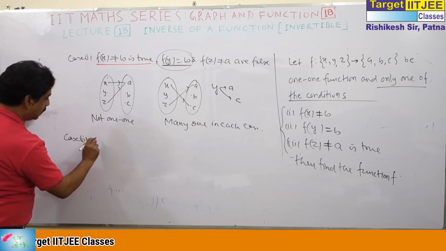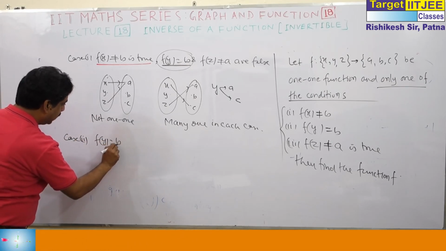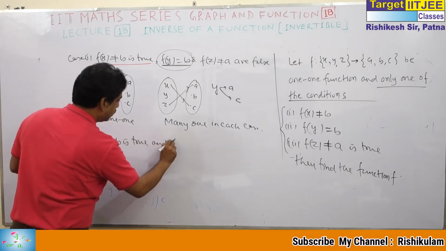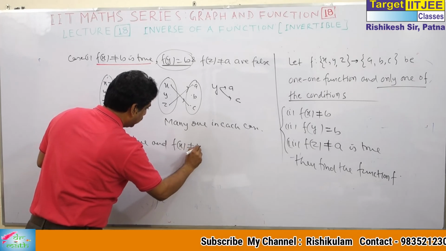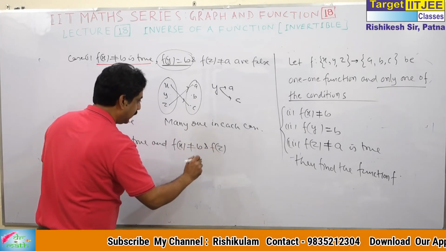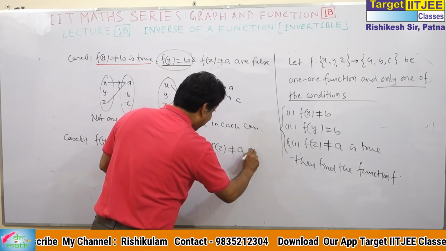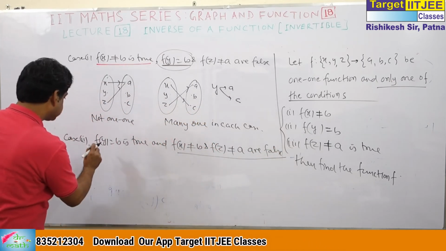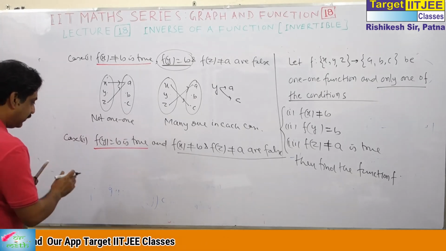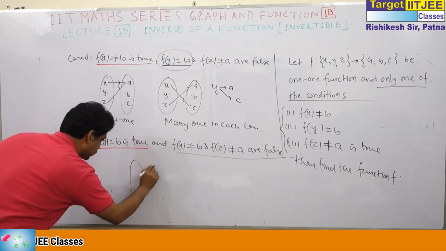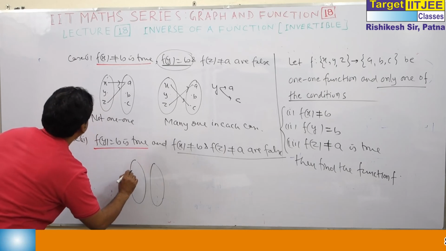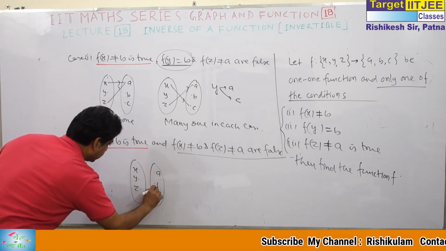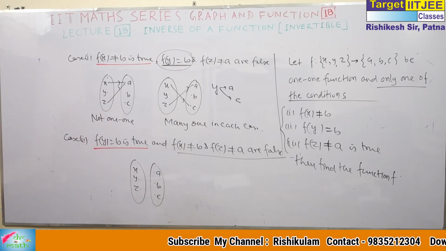In this case, this time we let fy is equal to b be true, and fx not equal to b and fz not equal to a are false. Can we get a function from this?